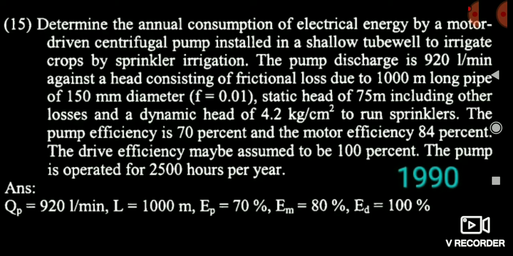See the next question, asked in 1990. Here the question looks a little bit lengthy, but genuinely it is very easy if you keep patience and try to understand it. Here it is saying that the pump discharges 920 liters per minute at a head of frictional head loss due to a 1000 meter long pipe, the pipe diameter is 150 mm, the friction factor is 0.01, the static head is 75 and the dynamic head is 4.2 kg per centimeter square, the pump efficiency is 70%, motor efficiency 84%, drive efficiency 100%, and the pump is operated for 25 hours per year.